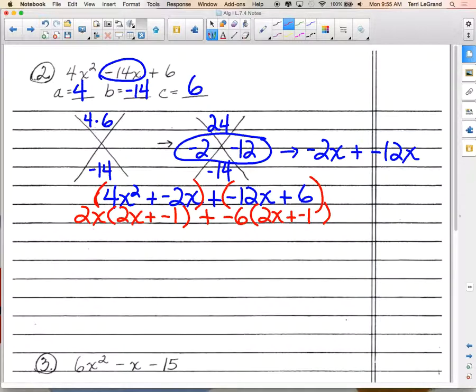Remember, you have to do whatever it's going to take to get those binomial factors of each of those groups to match. So sometimes that second group's GCF might need to be negative so that you make that happen.